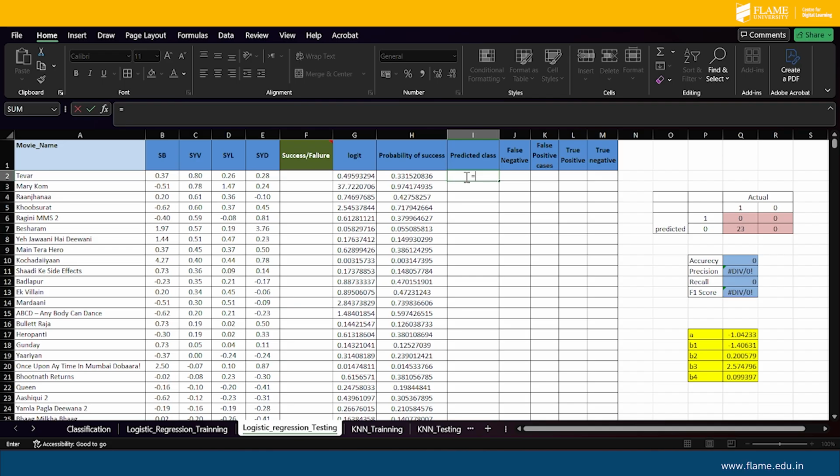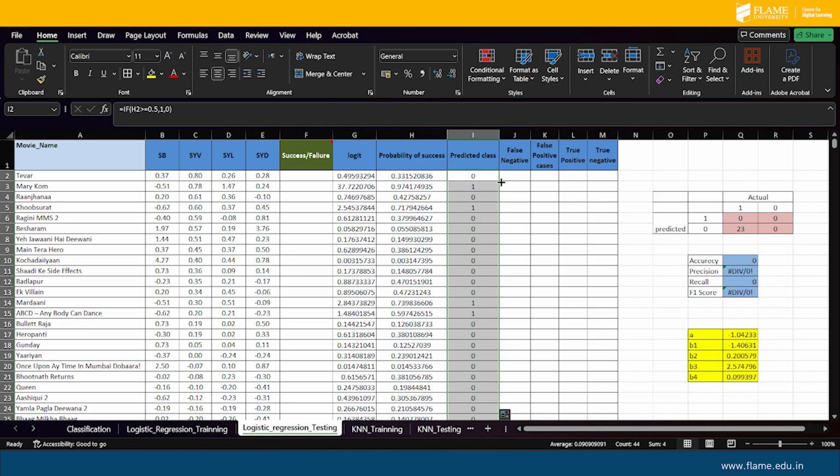So again I will be using the IF function: if this column value is greater than or equal to 0.5, then you put 1, otherwise 0. Now if you click here, see it is 0.33, so it is below 0.5, so it will be considered as 0, and for 0.97 it will be considered as 1.